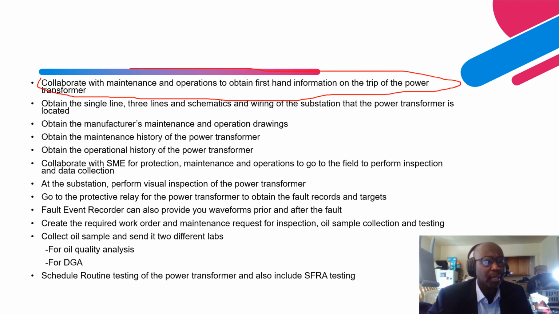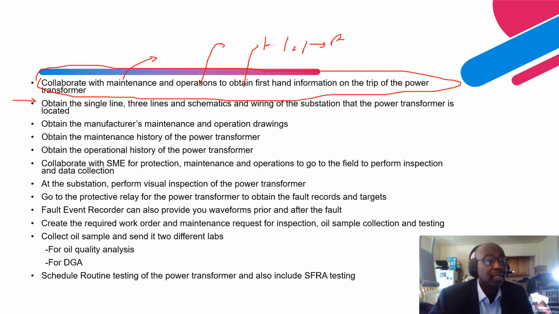You write all the notes that you receive from the maintenance personnel, operation personnel, and any other person that might have seen or have any other information on how the transformer tripped. Then the next thing is to provide that indication to all your supervisors and managers, and provide them a path on how you're going to proceed.